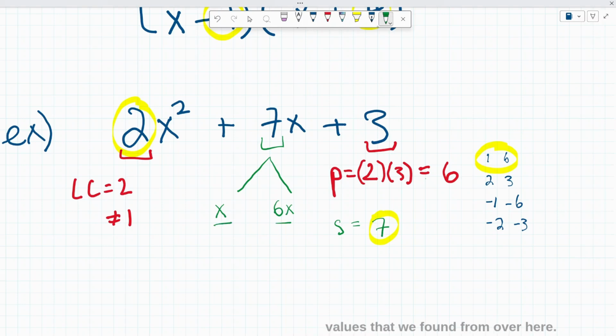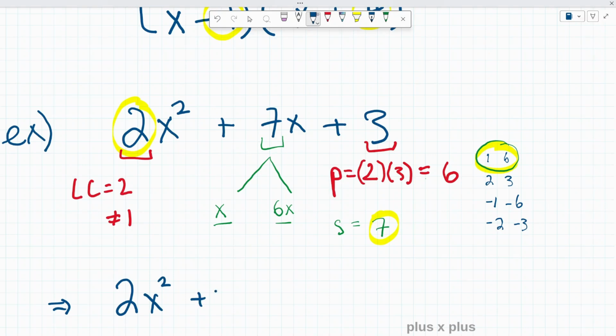So these are our two values that we found from over here. And let's do the next step. We rewrite this by dividing the middle term into these two new parts. So we just have 2x squared plus x plus 6x plus 3.